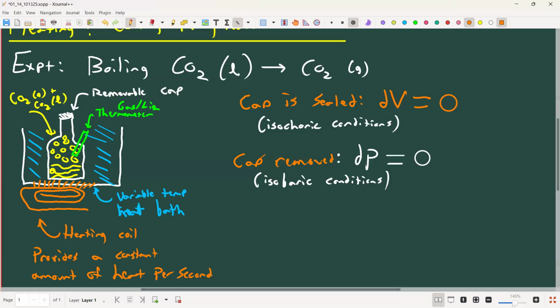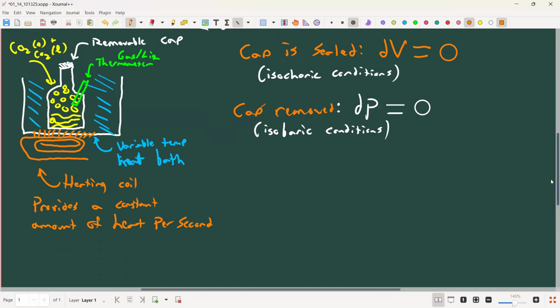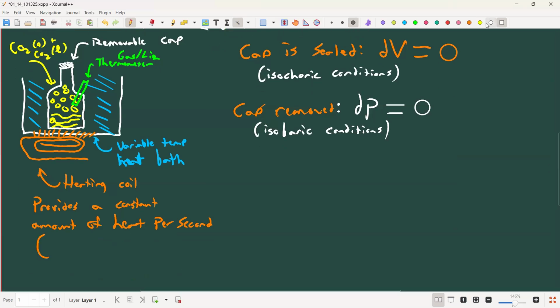If you're down with your units, we have something that's providing a constant amount of joules per second, so it has a fixed wattage. And so this is a fixed watt heater, or constant wattage heater.